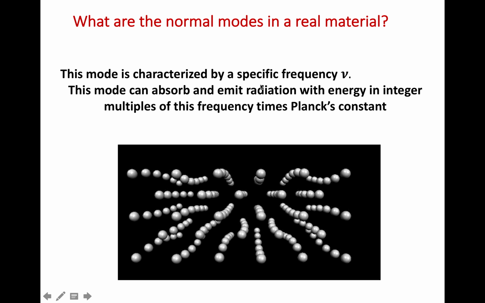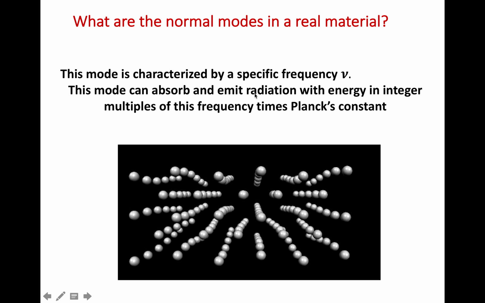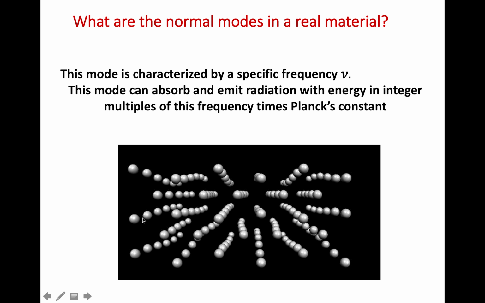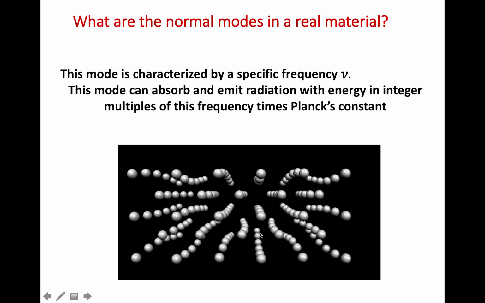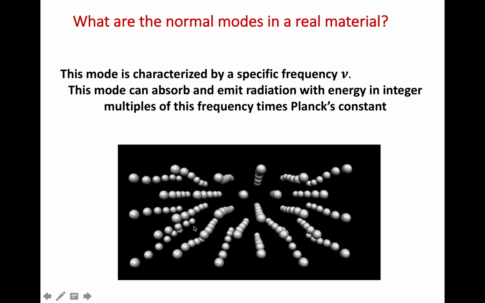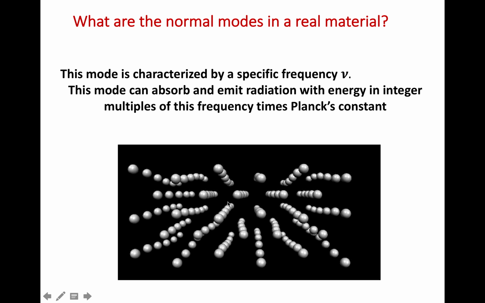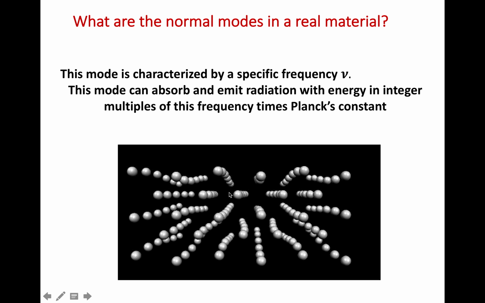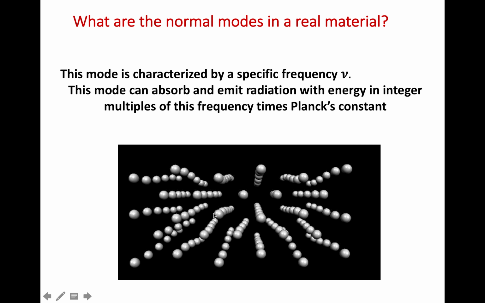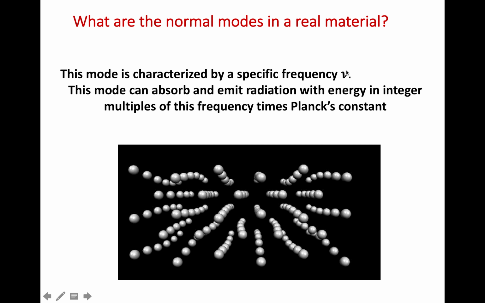So anyway, each mode has some characteristic frequency nu, and the mode can absorb or emit radiation with integer multiples of this frequency. So this whole thing that we're watching is characterized by one single frequency nu, right? This whole mode has some characteristic frequency. And if we want to excite this mode into higher energy states, we need to give it integer values of the energy h nu, right?